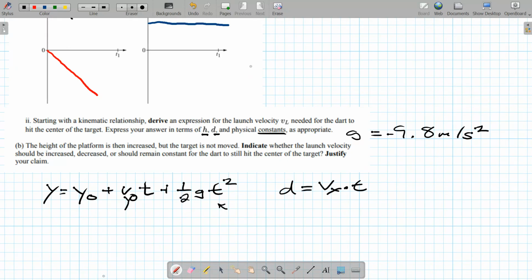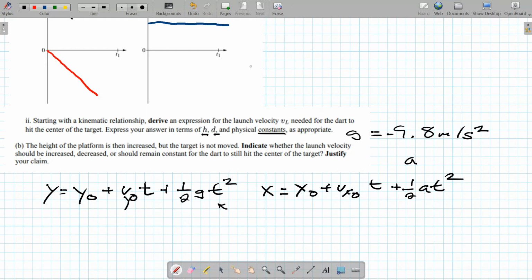Now you could actually derive this from the same equation. So I think what they want you to do is x equals x naught plus v naught in the x direction times t plus 1/2 times the acceleration times time squared.